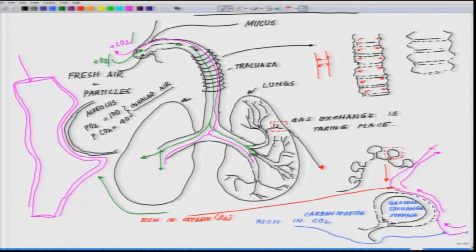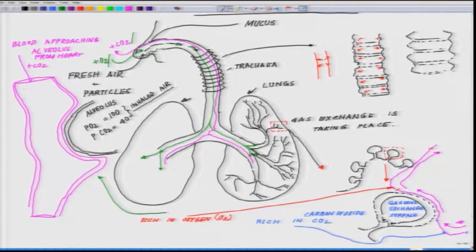Here the blood is flowing. So, blood approaching the alveolus from the heart is rich in carbon dioxide, and it is coming through the pulmonary artery.